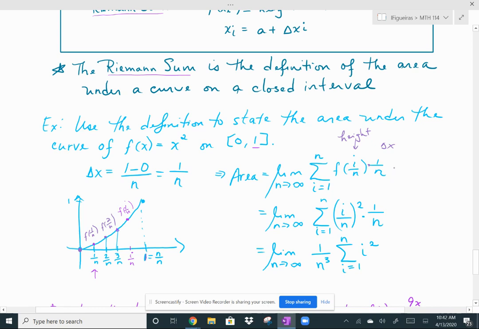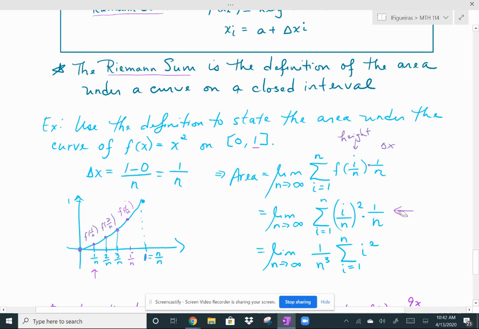I have my limit as n approaches infinity of the sum as i goes from 1 to n of f of i over n, that's your height, times 1 over n, that's your width. Okay, but my function is x squared. So in the next line, I'm squaring the i over n. So I have i over n squared times 1 over n.